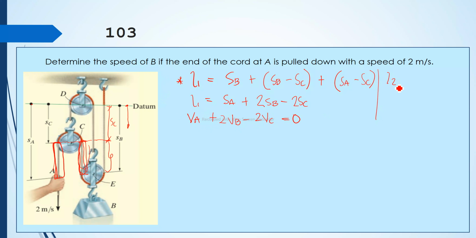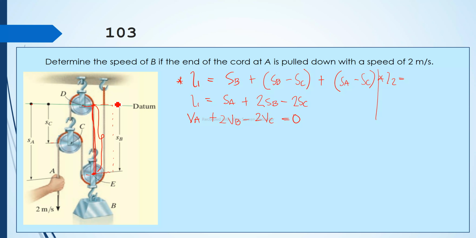How about the length of our second cord? The length of our second cord goes from this origin downward. Now we need to get this whole length, because from this origin to this point, this length also changes.